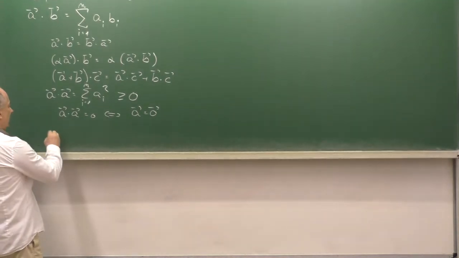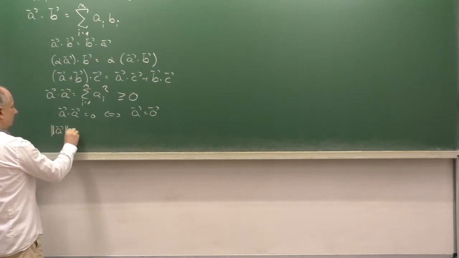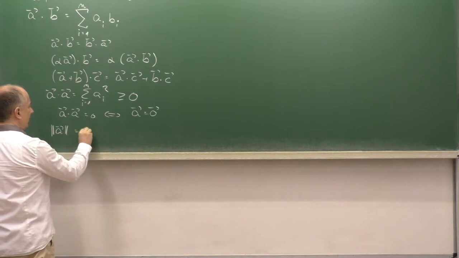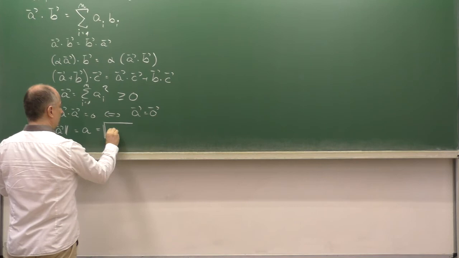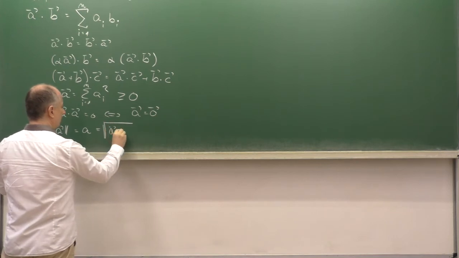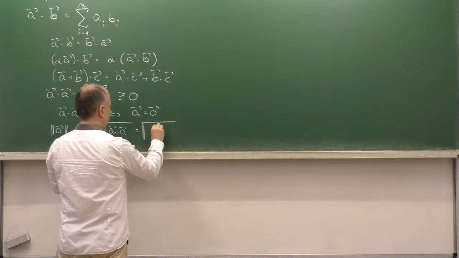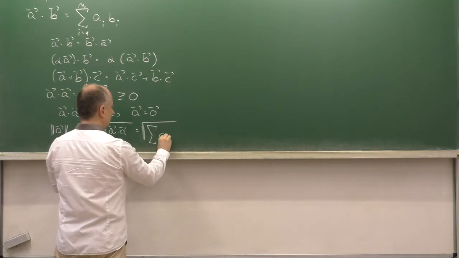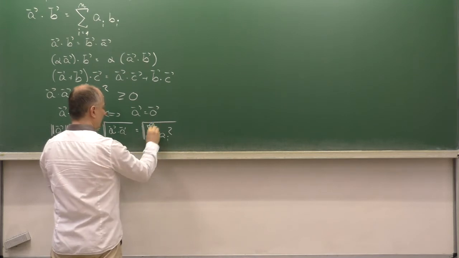And this allows us to introduce the norm of the vector, sometimes denoted just A without arrow, being the square root of A·A, which is the square root of the sum of a_i squared, i running from 1 to n.